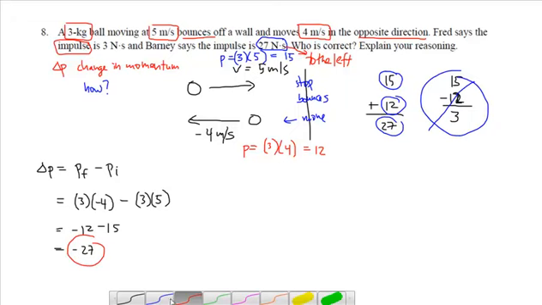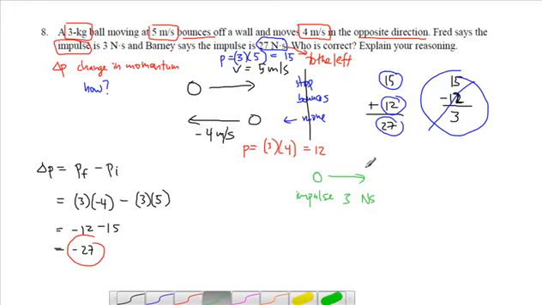But even if you didn't say that, an impulse of 3 Newton seconds would not be enough to affect the ball that was going to the right, since that one had 15.